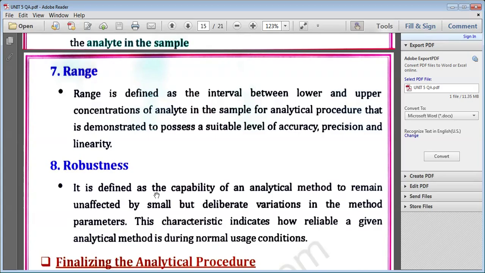So it is nothing but the gap in between the lower concentrations and the upper concentrations. Always we prefer the lower concentrations as the lower concentrations give accurate results.